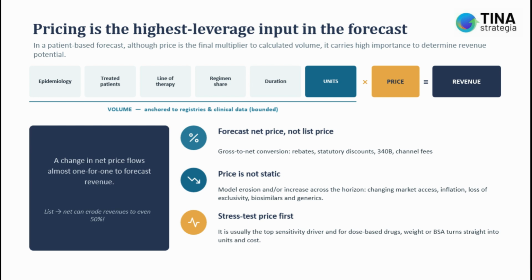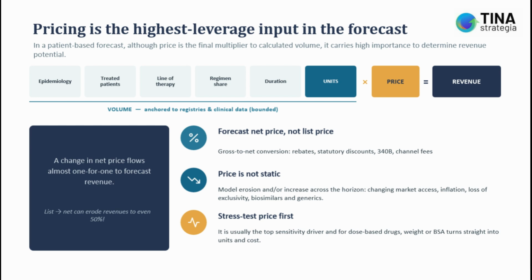But almost nobody actually pays the sticker. Along the way, the manufacturer gives money back through things like rebates, negotiated discounts paid back to insurers or pharmacy middlemen, statutory discounts, discounts required by law for government programs, 340B, a US federal program that forces steep discounts for certain hospitals and clinics, and channel fees, the cut taken by distributors and pharmacies.